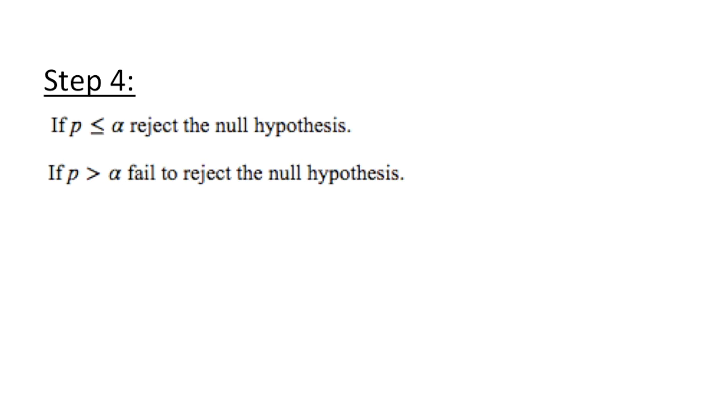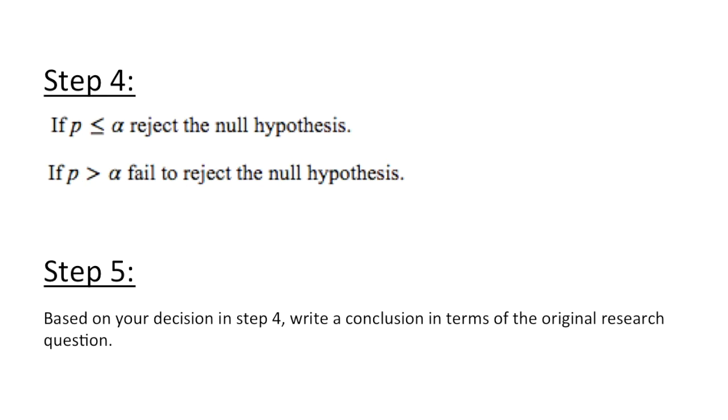If p is greater than alpha, fail to reject the null hypothesis. And Step 5, based on your decision in Step 4, write a conclusion in terms of the original research question. So much of this procedure should start to look very familiar to you, right? It's the same 5-step hypothesis testing procedure that you've been using since Lesson 8. The only thing that changes are the hypotheses in Step 1 and the test statistic and the distribution that you're using in Steps 2 and 3.